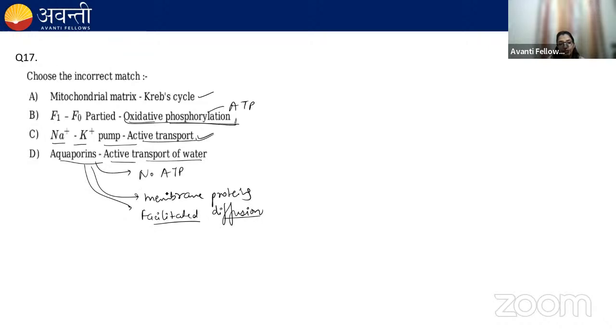Why facilitated diffusion? Because they are membrane proteins, and when diffusion occurs through a specific membrane protein, it is known as facilitated diffusion. The movement is along the concentration gradient, that means molecules move from high concentration to low concentration. Choose the incorrect match. So D is the incorrect match.